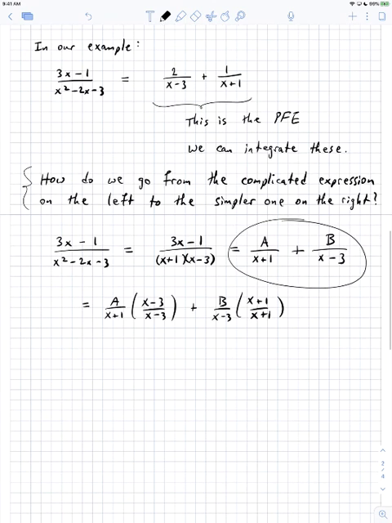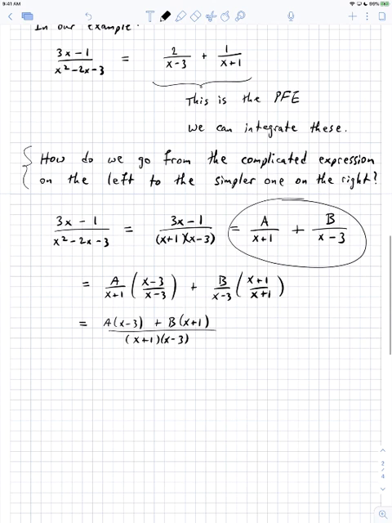So what happens next? Well, you just pretend that you know what a and b are and just add them together. So you're going to have a times x minus 3 plus b times x plus 1, and all of this is over the common denominator, x plus 1 times x minus 3. And so now we just distribute a and distribute b. So on top we're going to have ax minus 3a plus bx plus b.